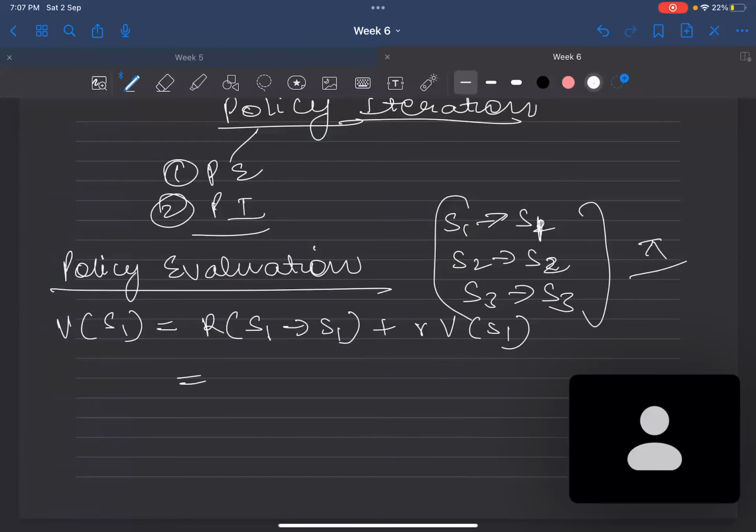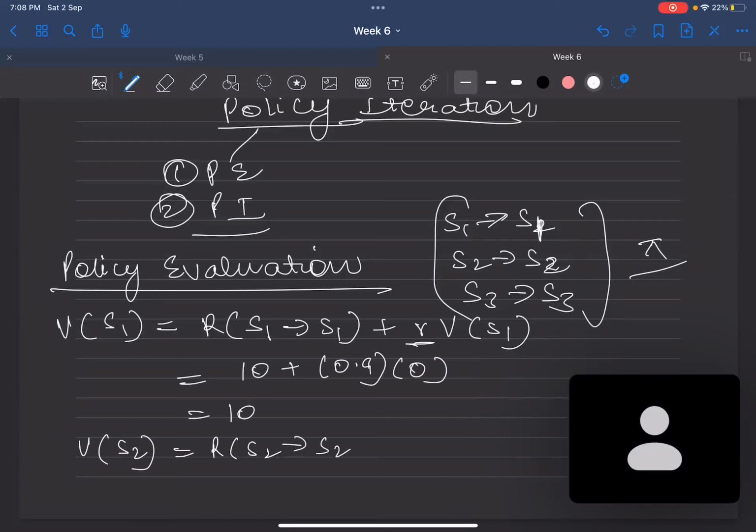What is the reward from S1 to S1? S1 to S1 is 10. 10 plus, gamma is 0.9 times the value of S1, which we are taking initially as 0 here. What is the reward from S2 to S2? We are taking S2 to S2 here.